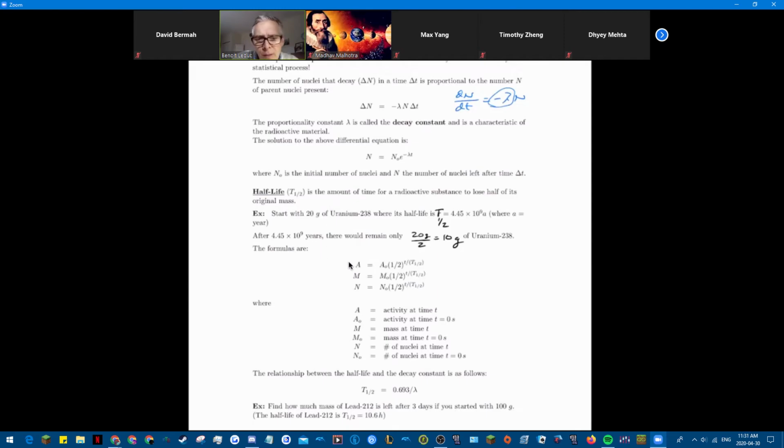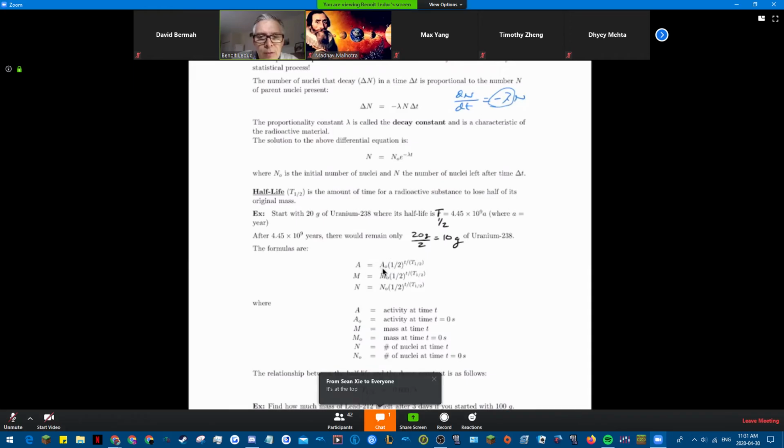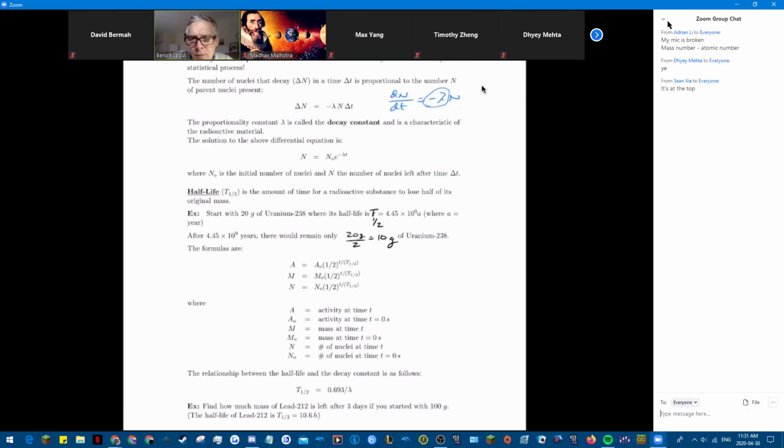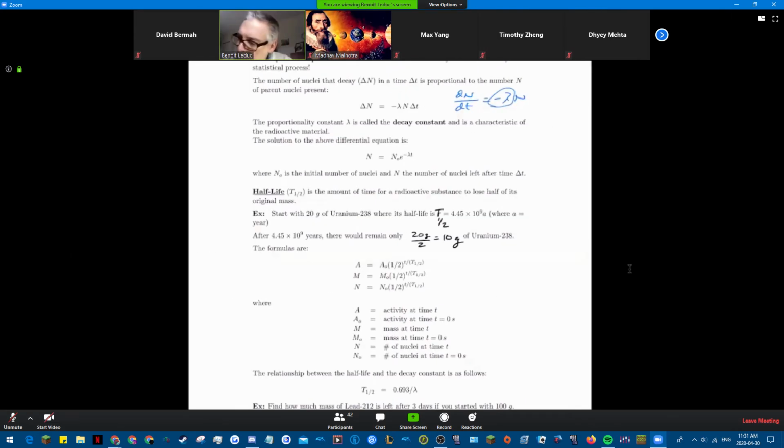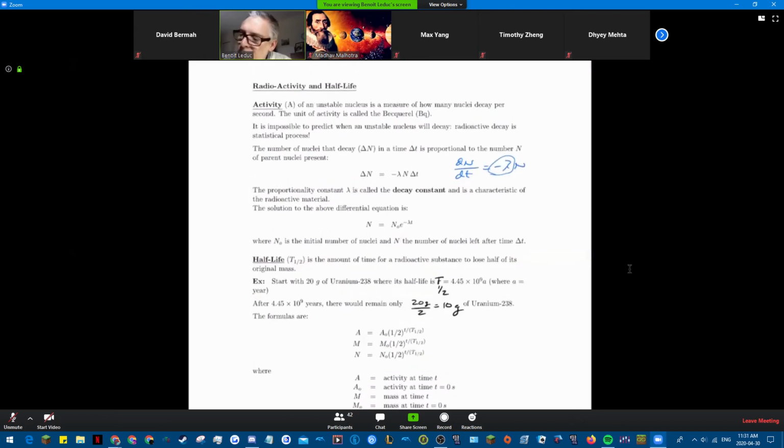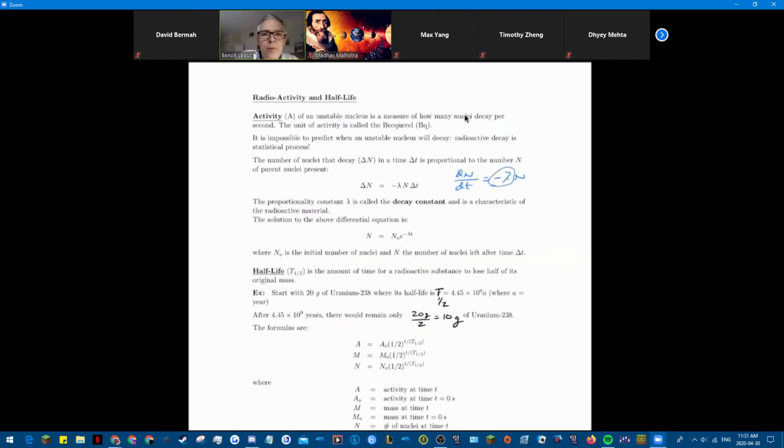So here, this is the formula. This is the activity at some given time, A. This is the activity at some initial time. Yes, chat, it's at the top. Yeah, the unit of activity is called the becquerel. Thank you.